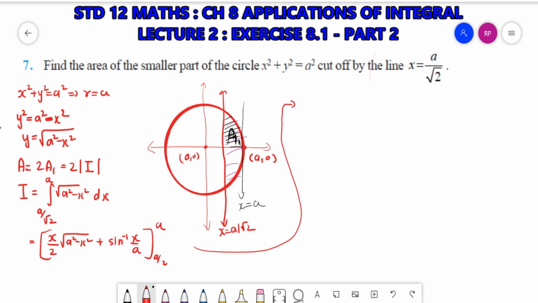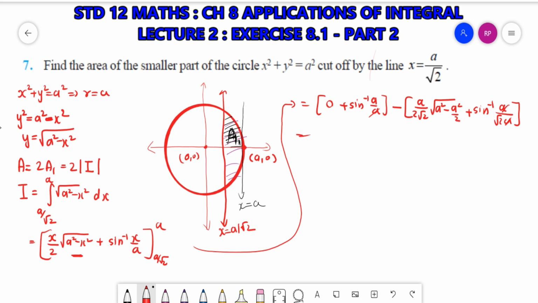Solving it here. First, putting the value of a here, when I put a square minus a square, it will be 0. So 0 plus sine inverse a by a. Minus, when I put a by root 2, it's a by root 2 upon 2, so a upon 2 root 2 under root of a square minus a square by 2, plus sine inverse a by root 2 a.